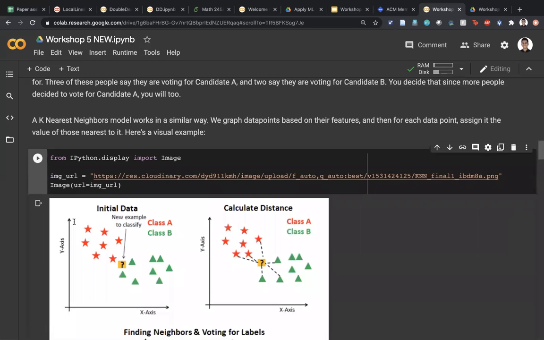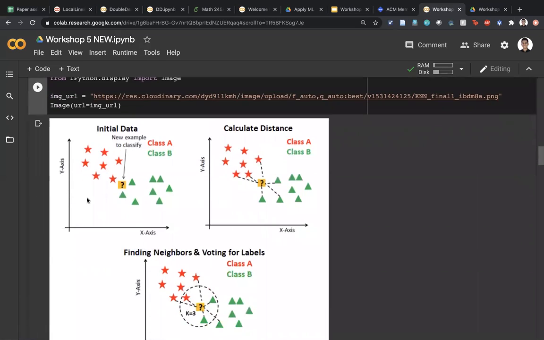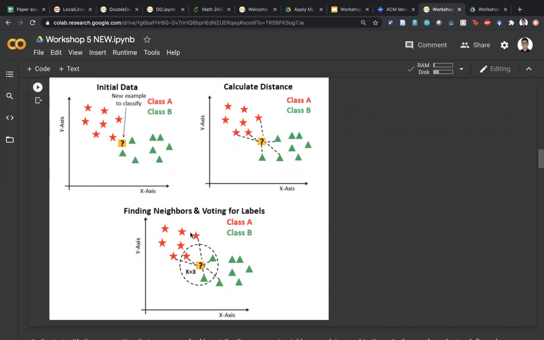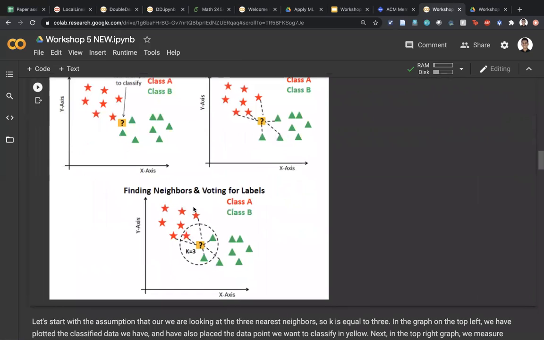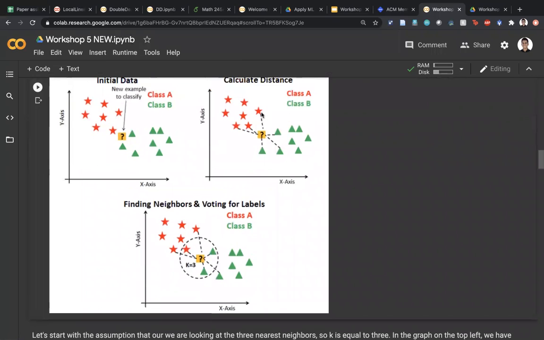So this is a visual representation of what we're trying to do. Let's say all the red and green points are your training data, and you have a new example point that you want to classify, the yellow question mark over here. You look at maybe its 5 closest neighbors.